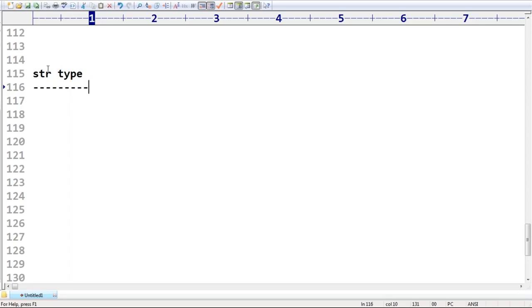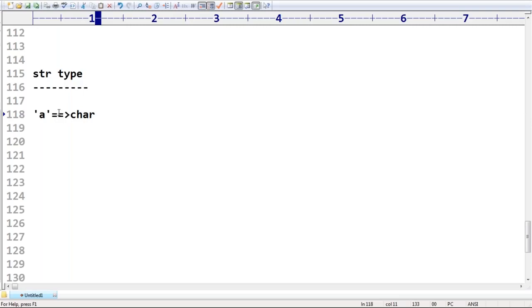In other languages like Java, a string value means a sequence of characters within double quotes, and a character within single quotes is considered char type.